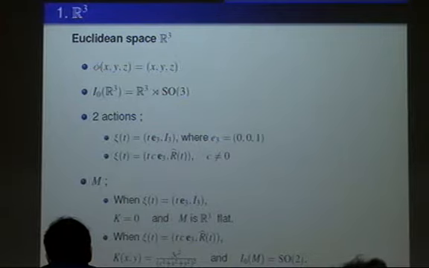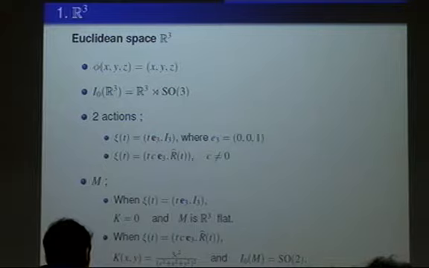Then for the base orbit surface, when psi_t is just the translation, the orbit surface is clearly a plane. So the Gaussian curvature is 0, and the orbit surface is flat. It's almost trivial. Now, how about the screw motion case? When psi_t is this kind of screw motion, the Gaussian curvature looks like this, and the isometry group is SO2.